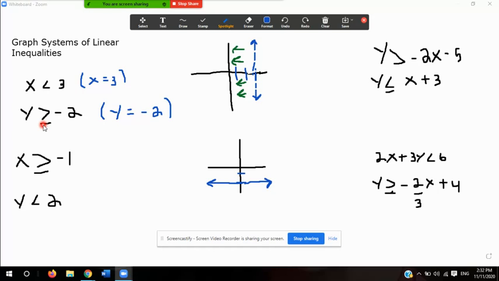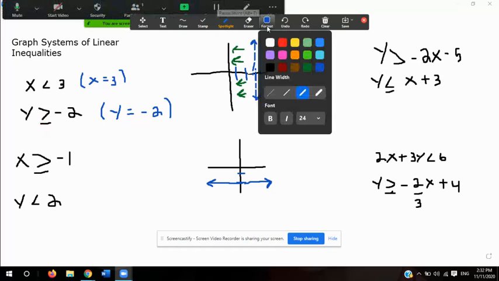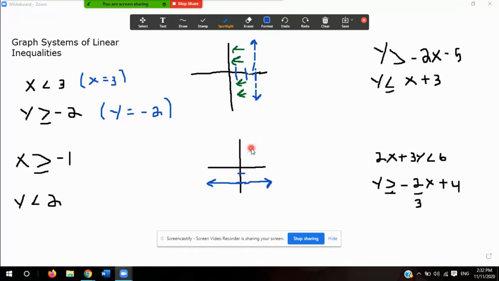Okay, so I'm shading everything above negative 2 because it's saying that y is greater than or equal to. So here we go. Here, it said that x was less than 3, so I shaded everything to the left of 3.